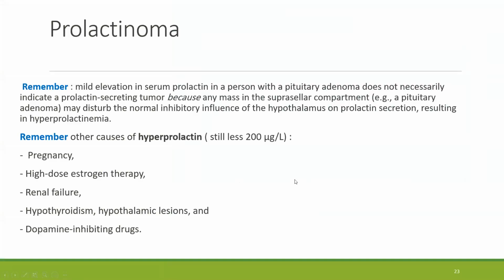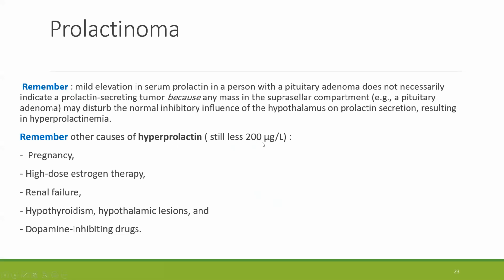Prolactinoma, remember, mild elevation in the prolactin doesn't mean prolactinoma. We have cases where we see extra production of prolactin without the presence of prolactinoma. Remember the cutoff of 200 microgram per liter.